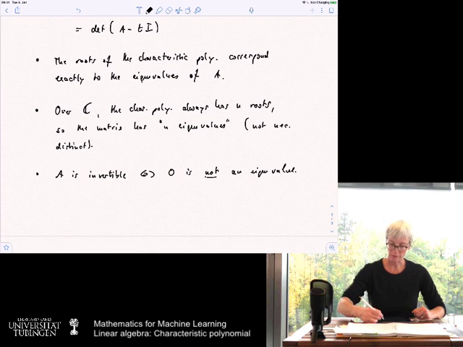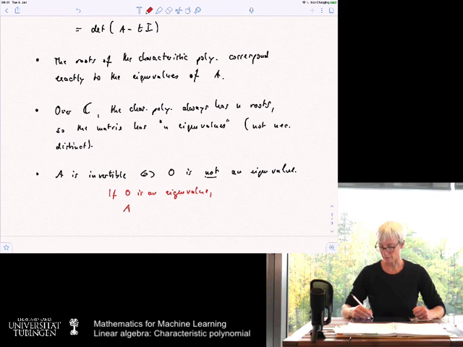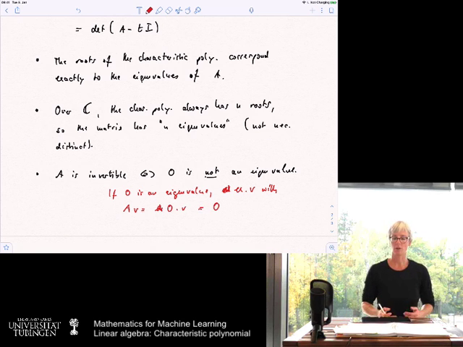And because I was just confused myself, let me simply give you the reason. If 0 is an eigenvalue, then there exists a vector V with the property A times V is 0 times V, so A times V is 0. So the kernel of this linear map is not empty, so the thing is not invertible.